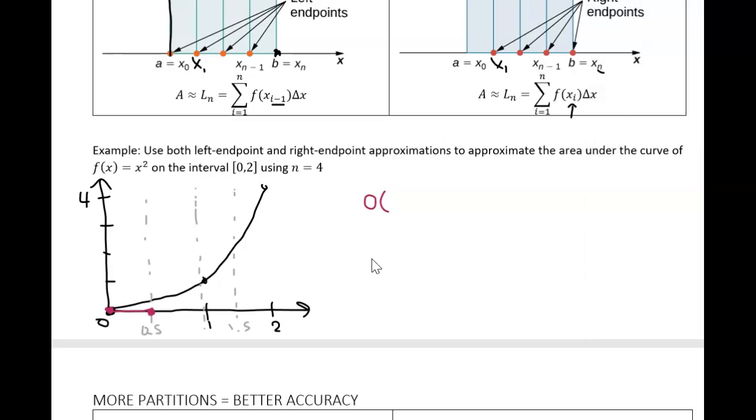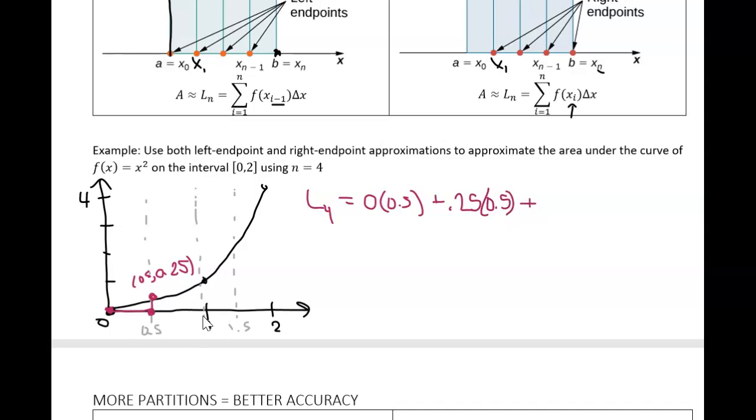So delta x is 0.5. Plus, and we're going to say L4 is equal to. So our next left-hand endpoint is 0.5, and we need to know this exact point right here. So what do you get when you do 0.5 squared? You should get 0.25. So the height of the function is 0.25, and the width is still 0.5.